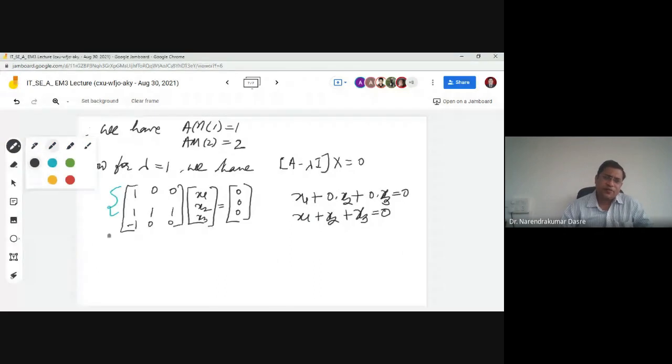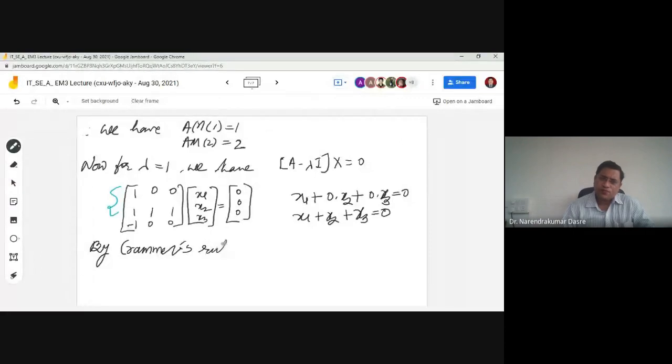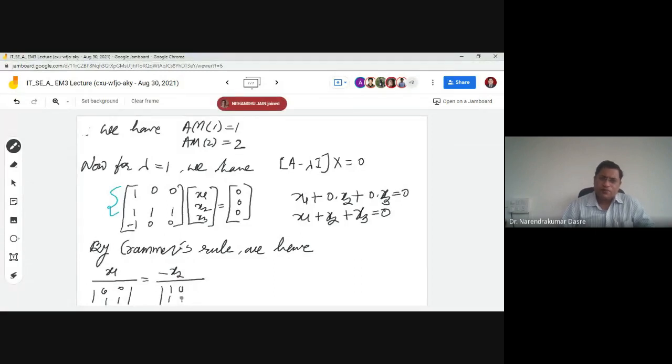So what we can say is, by Cramer's rule, we have x1 upon determinant 0, 0, 1, 1 equal to minus x2 upon determinant 1, 1, 0, 1, and this is x3 upon determinant 1, 1, 0, 1.